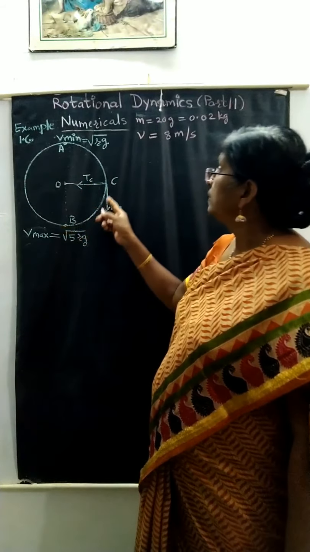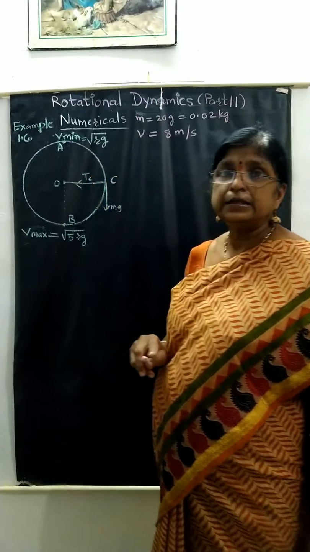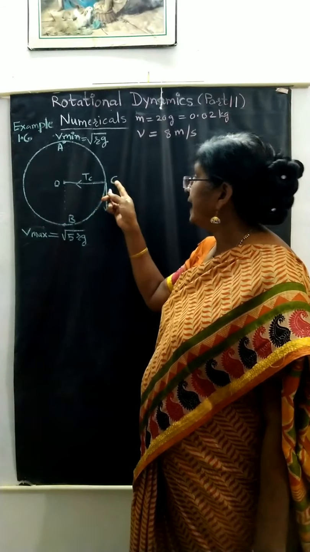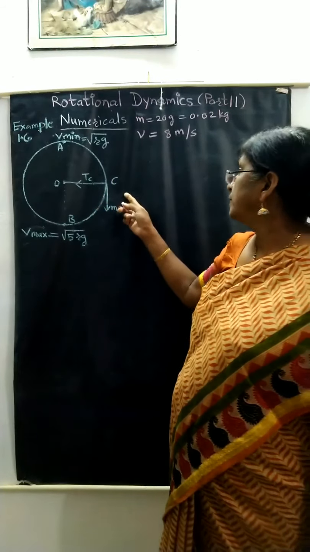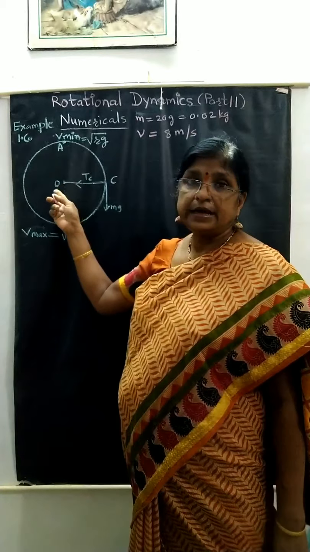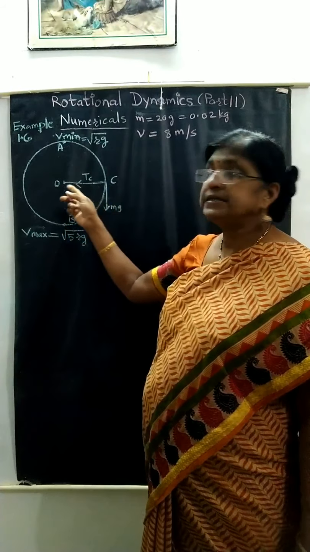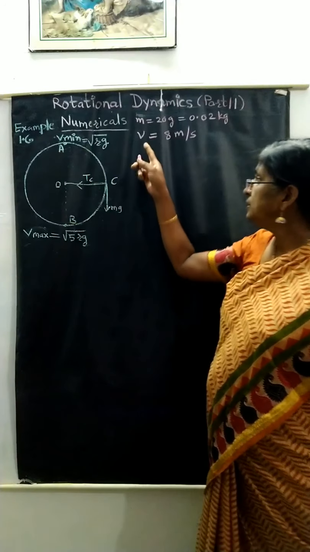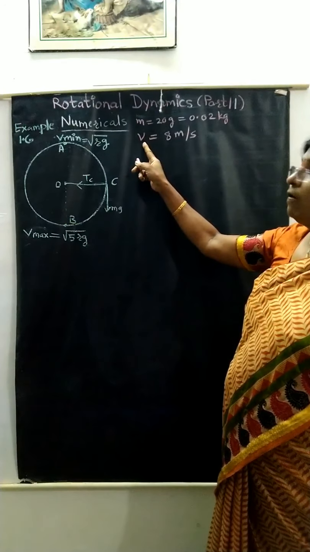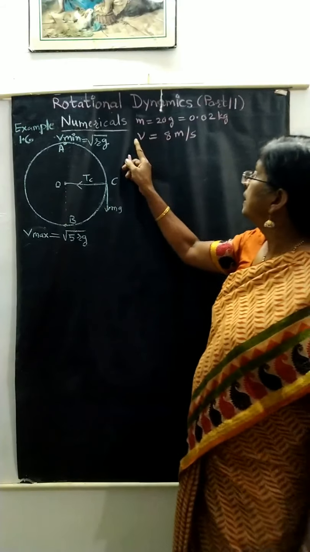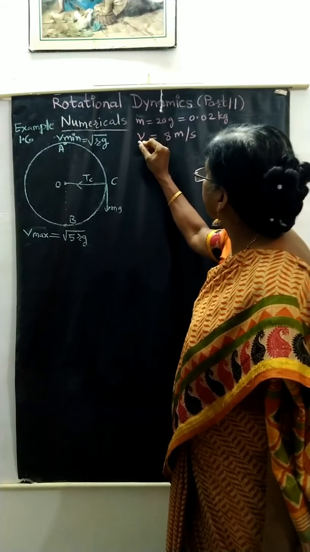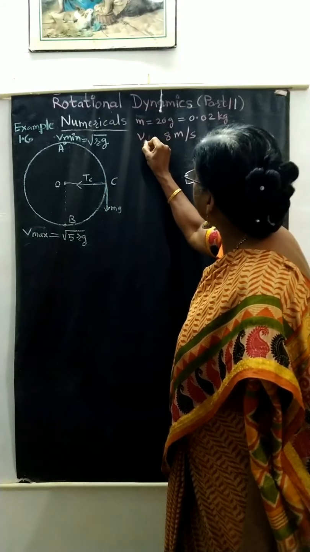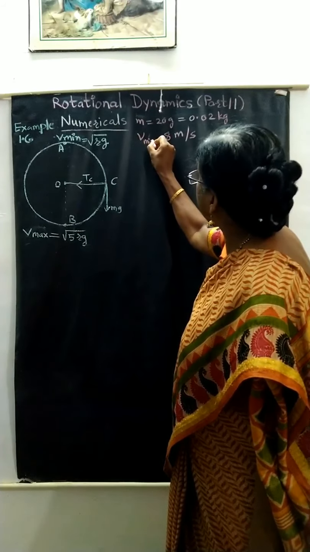When we remember the different points in vertical circular motion, then we know that at midpoint C, the tension in the string provides the necessary centripetal force for circular motion. So this value of the velocity is at midpoint. This is V at midpoint, V mid.